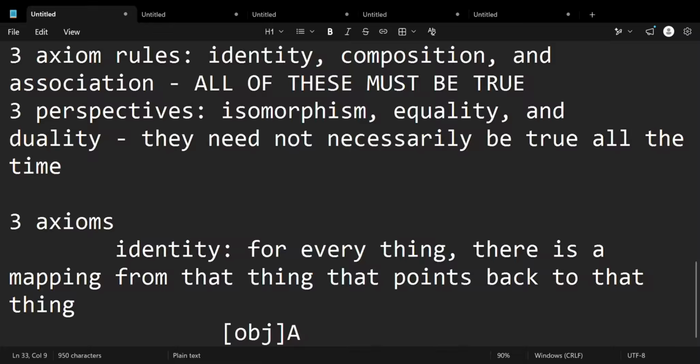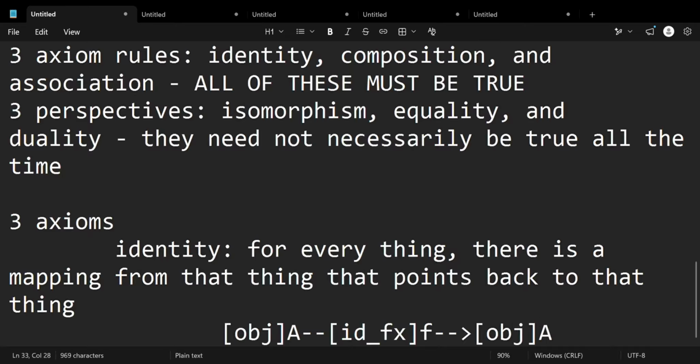Well, technically, because we have object A, we have to have, or at least have to imagine, that there is an identity function, let's say identity function f, that points A back to itself.